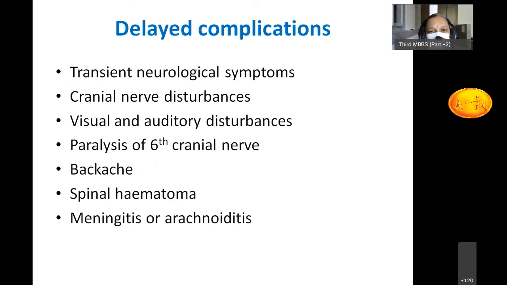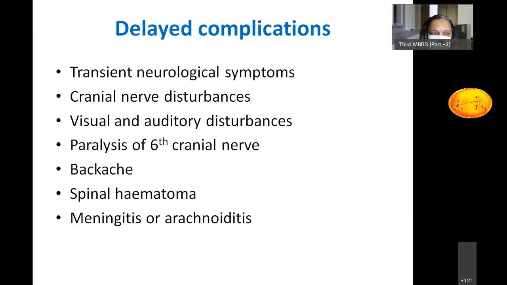The delayed complications of spinal anesthesia, which are very, very rare, but you should mention, are the transient neurological symptoms, cranial nerve disturbances, visual and auditory disturbances, paralysis of the sixth cranial nerve, backache, spinal hematoma, and if infection occurs, then meningitis or arachnoiditis.